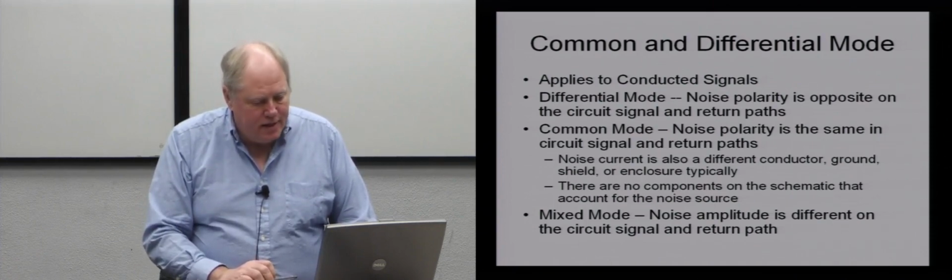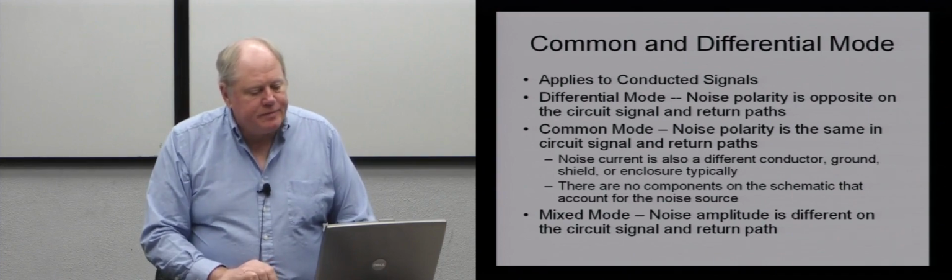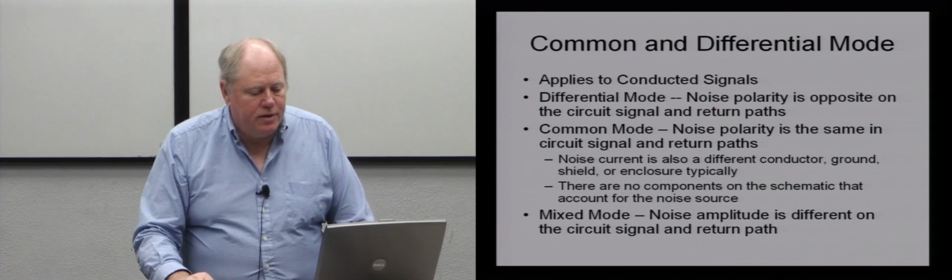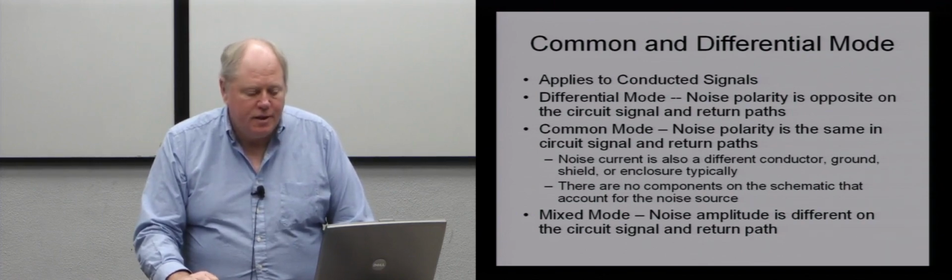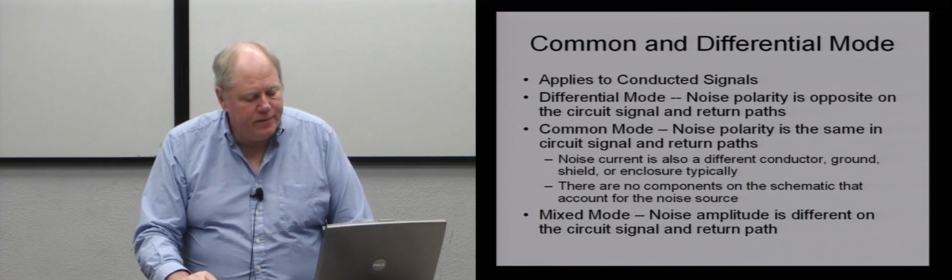Common mode is the unusual one, and that's where the noise polarity is the same on the signal. That's the two wires that you may be looking at, and that means that there's current flowing somewhere else. There's a third wire. It's usually a ground connection.